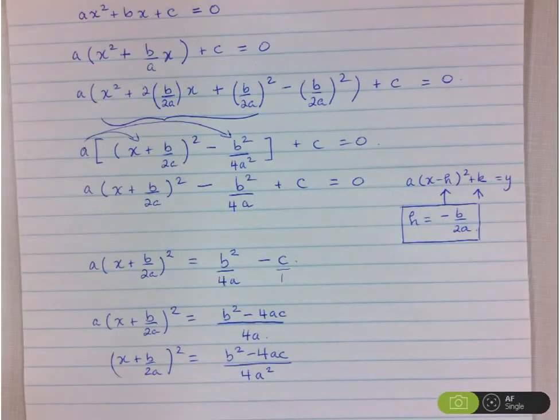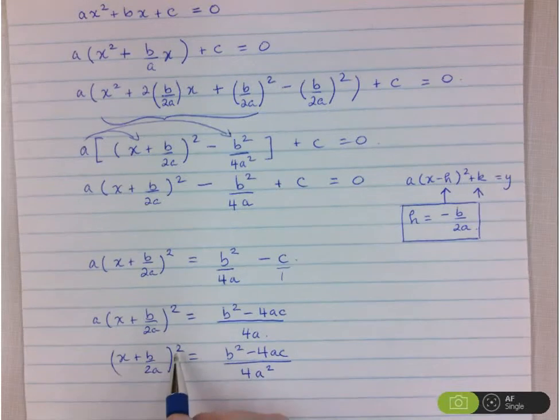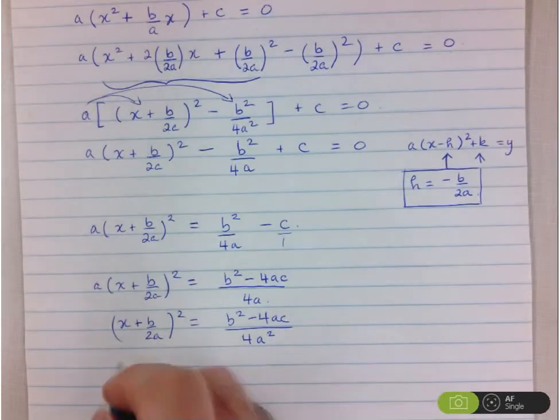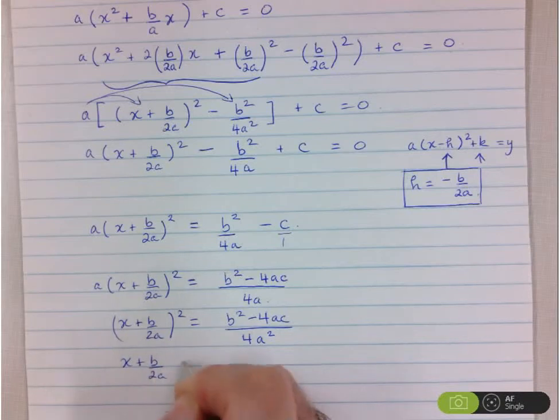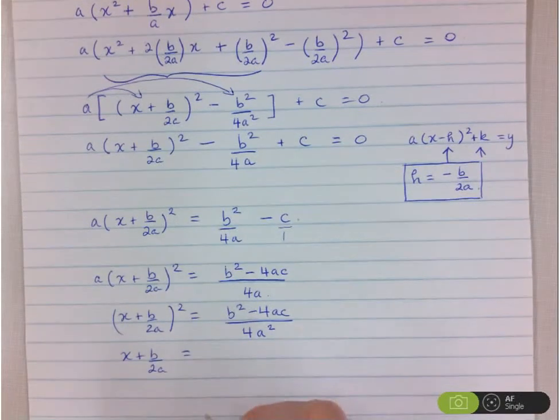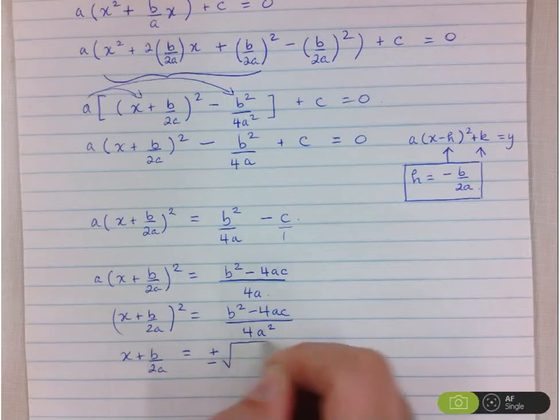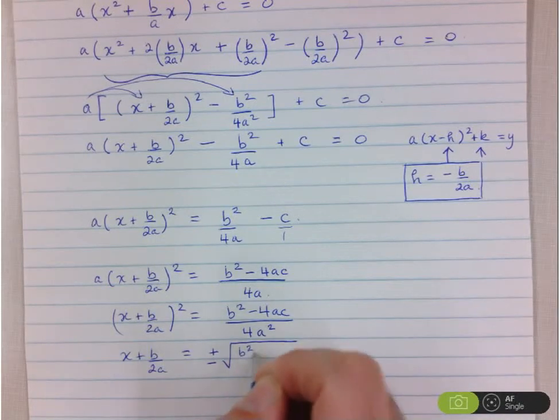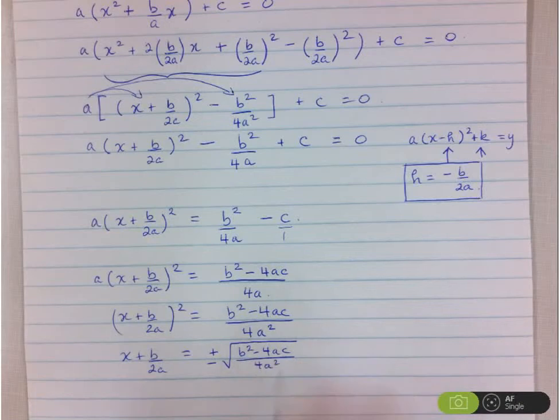Okay. So let's go to the next step here. We have to get rid of this exponent too, so we're going to take the square root of both sides. And of course, I hope as I say that, everybody remembers that when I take a square root, I have to consider both the positive and negative answer. Okay, so here we have b squared minus 4ac all over 4a squared.